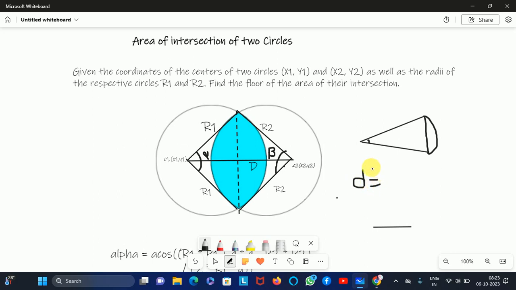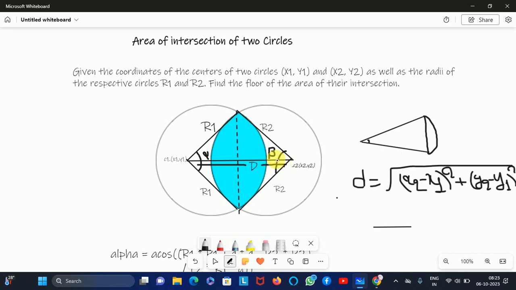If two points are given and we have to find the distance between them, then d equals the square root of (x2 minus x1) whole square plus (y2 minus y1) whole square. So first calculate this value d, this is the distance.